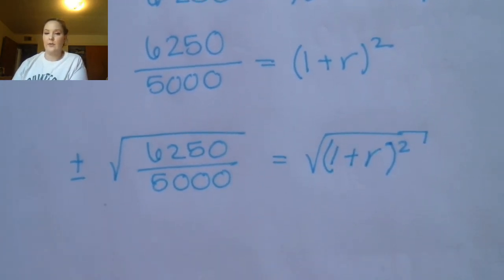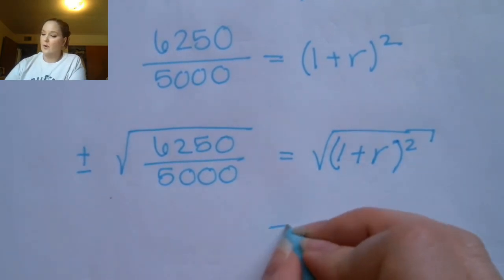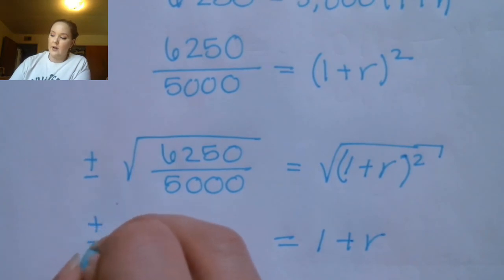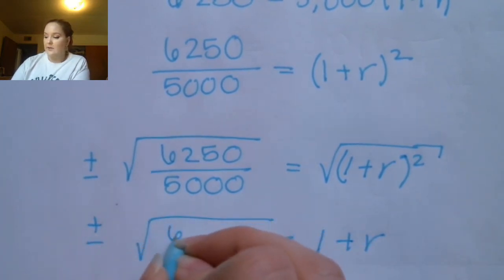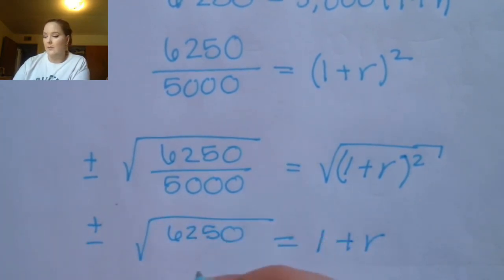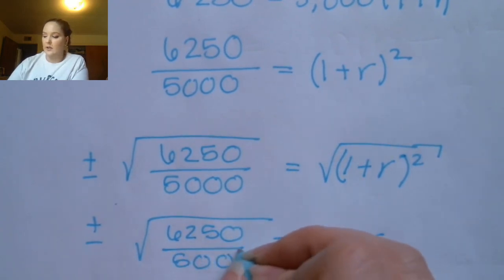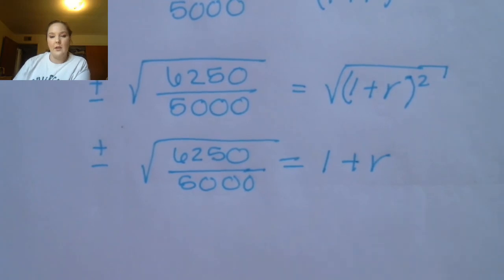Over here we have the square root of a square, so we know this is going to be 1 plus R. Over here I'm just going to leave this for now. It doesn't come out nice and even like a whole number. Now I'm going to subtract 1 from both sides.